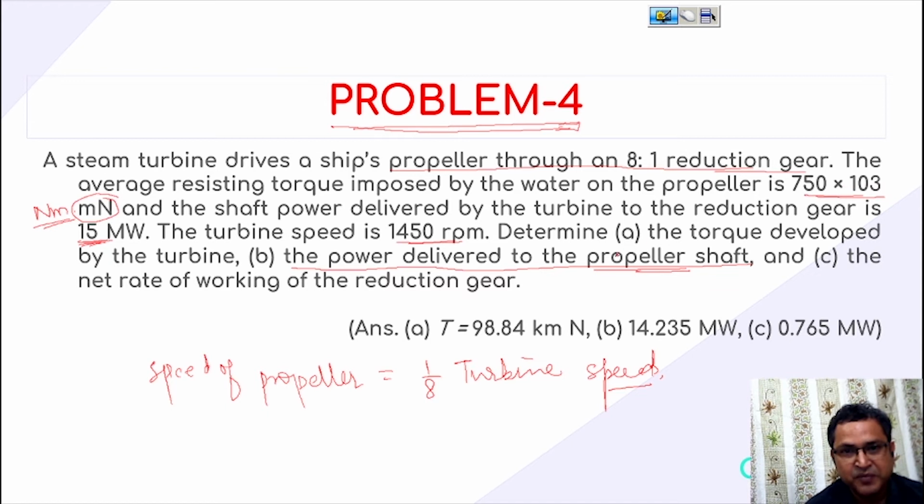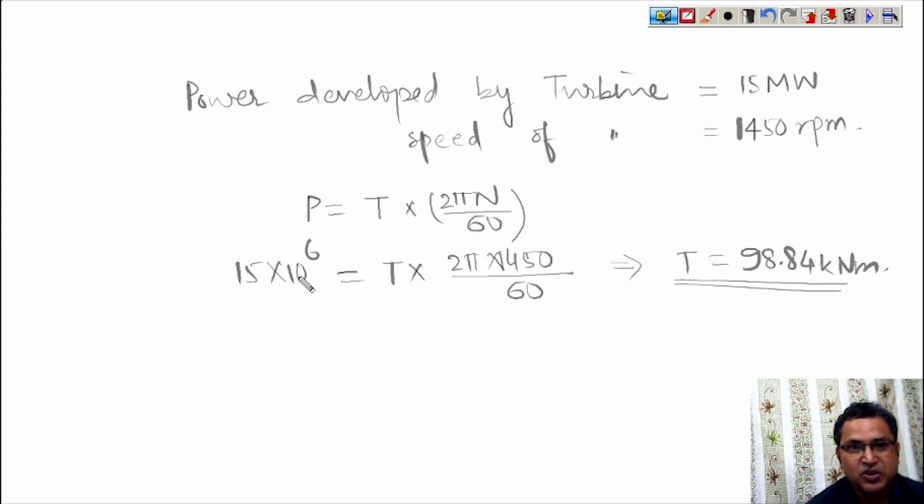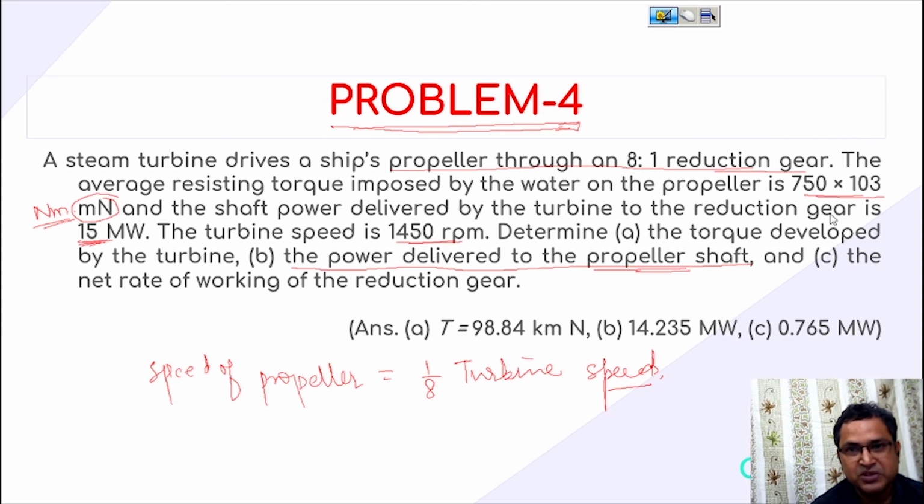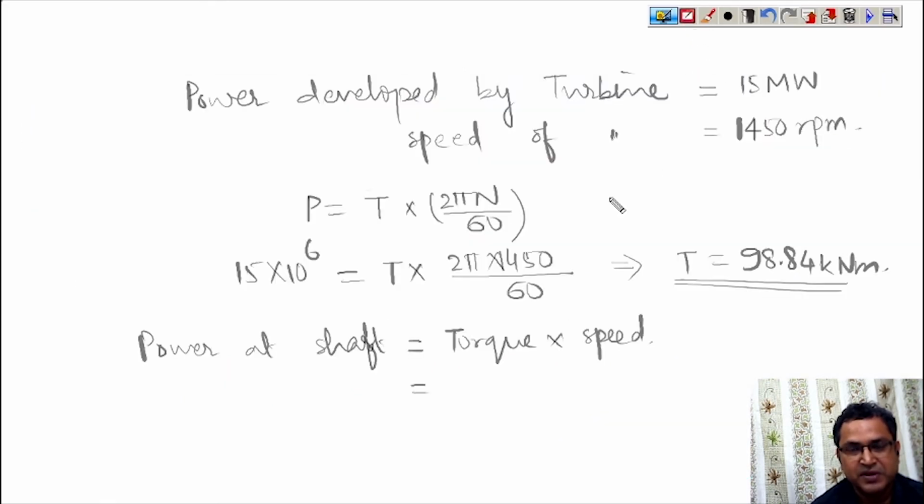And we have to calculate the power. So power at shaft is equal to torque multiplied by its speed. How much torque is being developed? 750 into 10 raised to the power 3. And what is the speed?